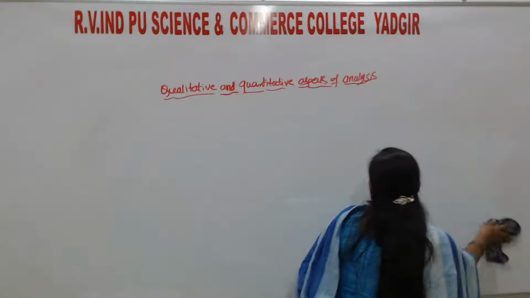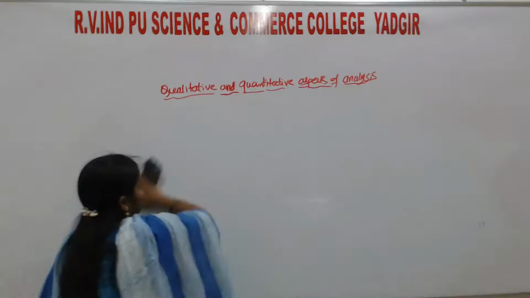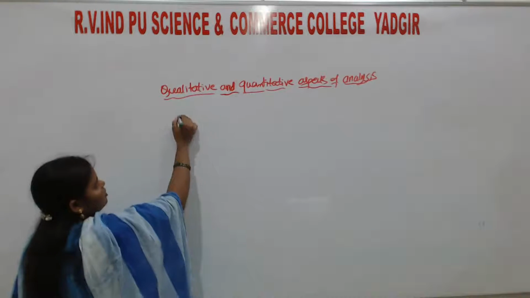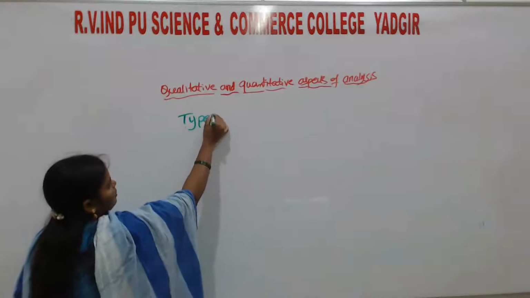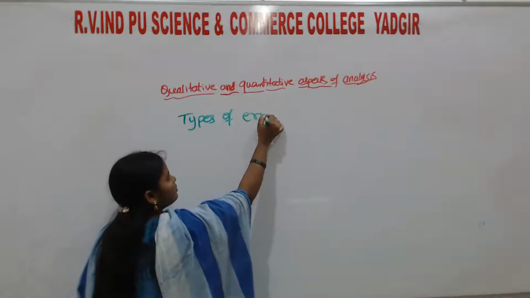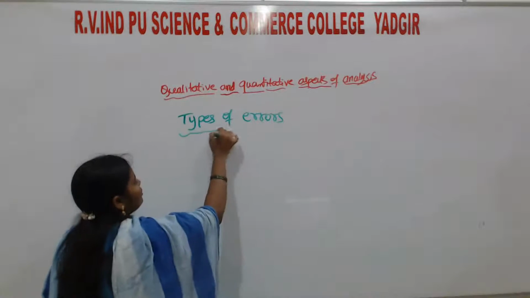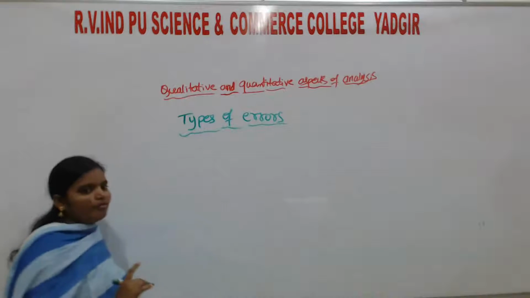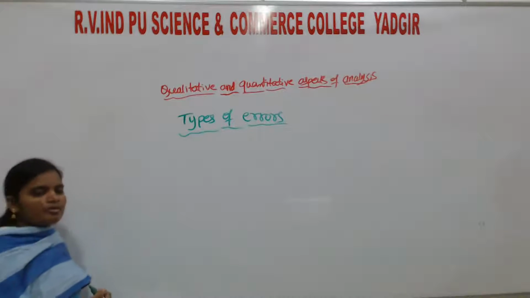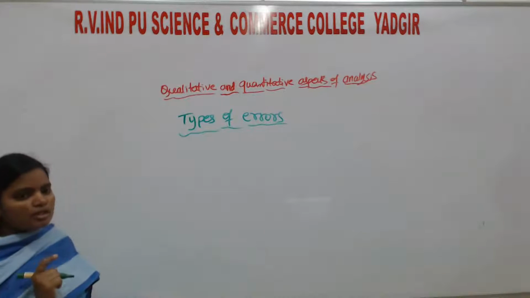Next, the types of errors. Very important: explain the classification and types of errors for a 5 to 6 marks question.